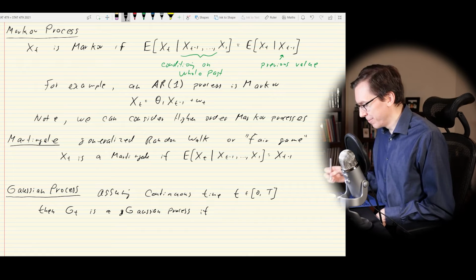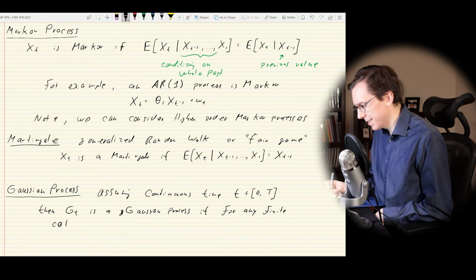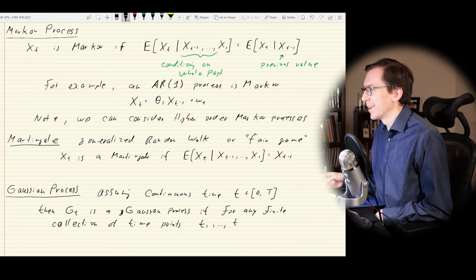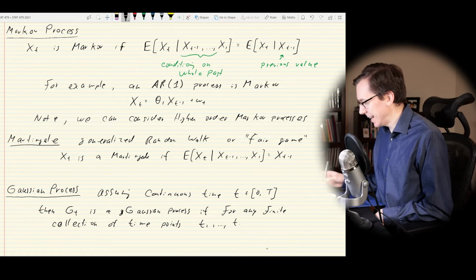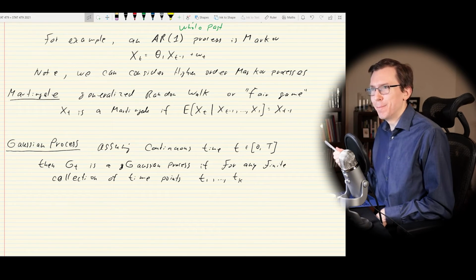if for any finite collection of time points, t_1 through t_k. What do we like? K, I guess, because p was our autoregressive order and q was our moving average order.